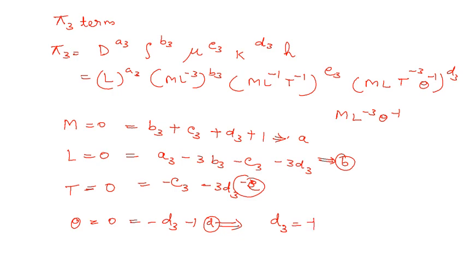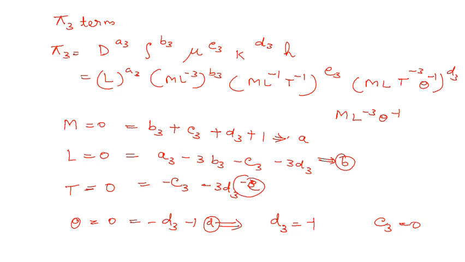Also, if I substitute d3 equal to minus 1 in the earlier equation, in the second equation I get c3 is equal to 0.